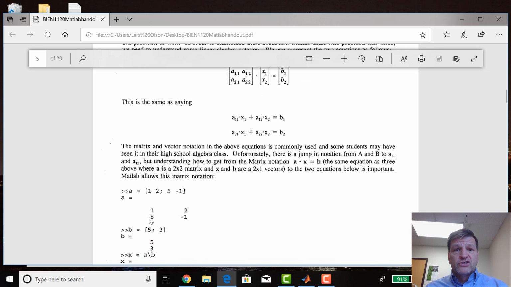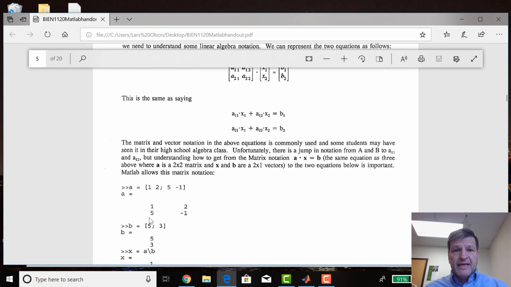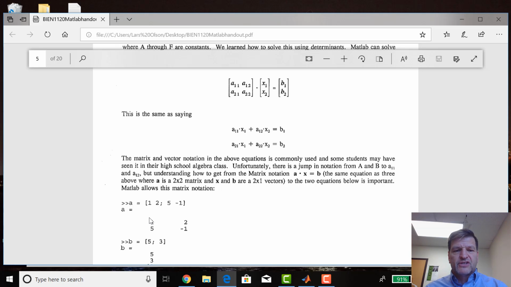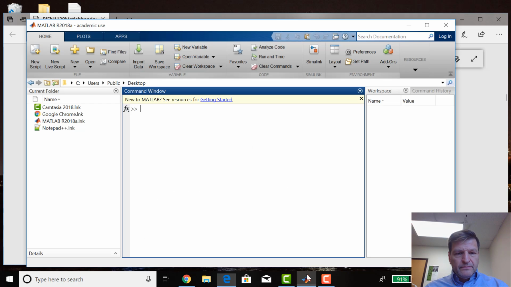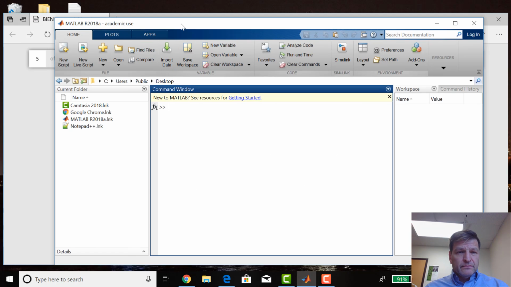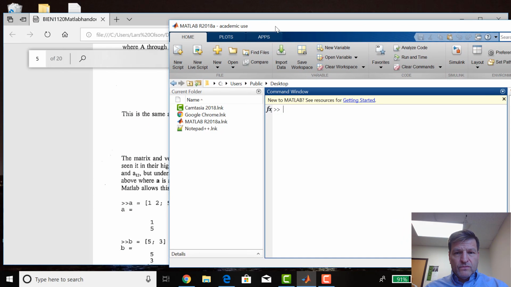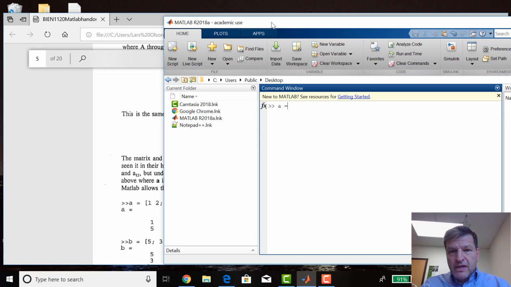So let's set up A and B and solve for x in Matlab. You ready? A equals [1 2; 5 -1]. That's A11, A12, A21, A22.